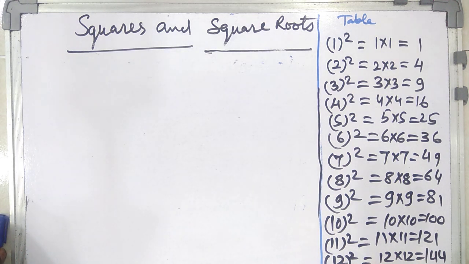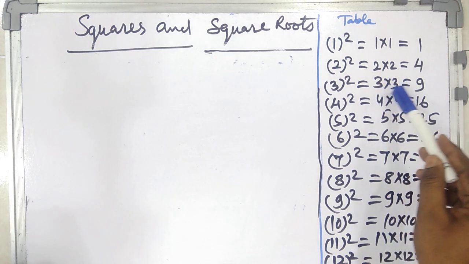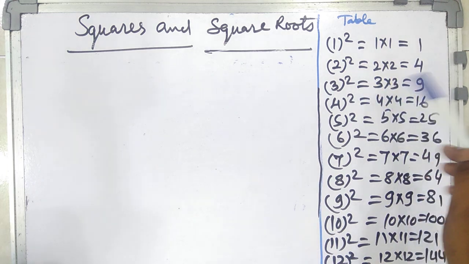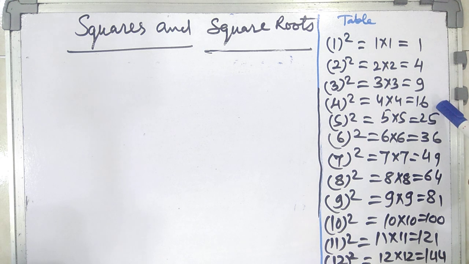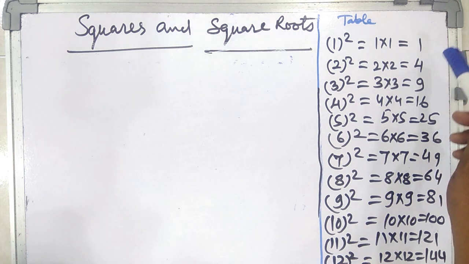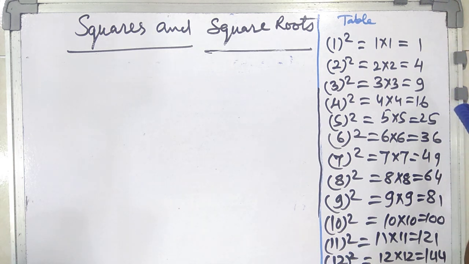For example, 2 multiplied by itself is 4, 3 multiplied by itself is 9, 4 multiplied by itself is 16. Such numbers like 1, 4, 9, 16, 25 and so on are known as square numbers.